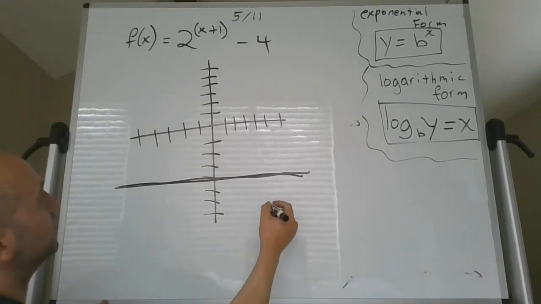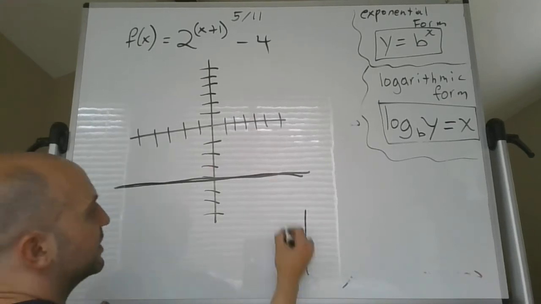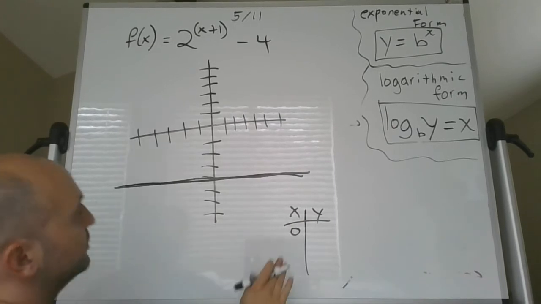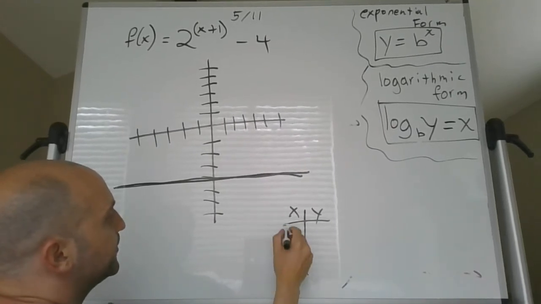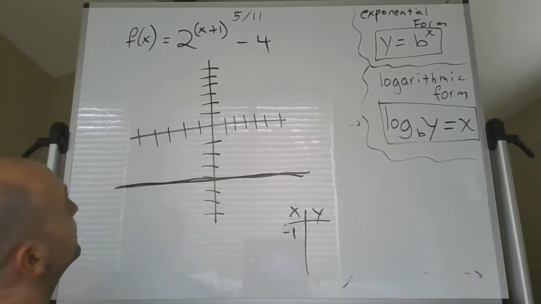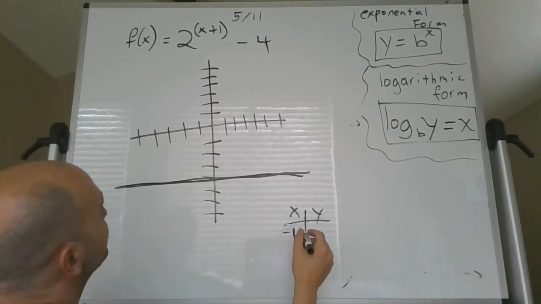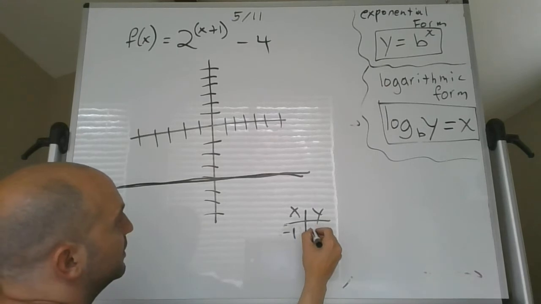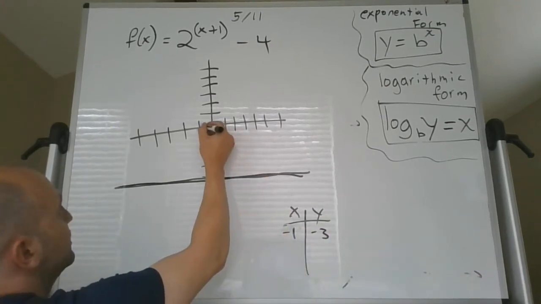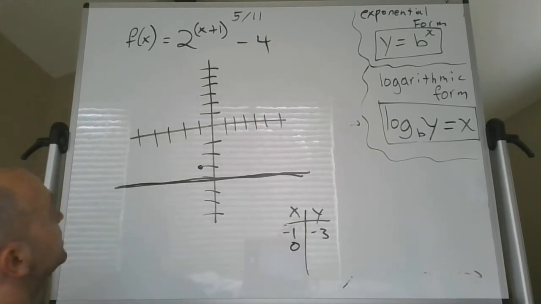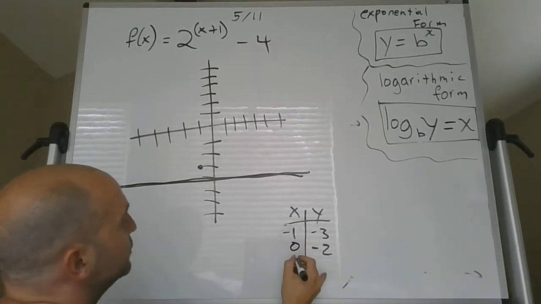I'm just going to make a couple quick points. I'm just doing this in my head real quick, okay, guys? If I plug in -1, I get -3. If I plug in 0, -2.